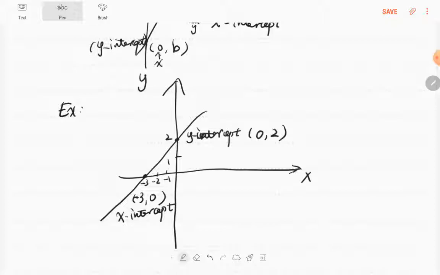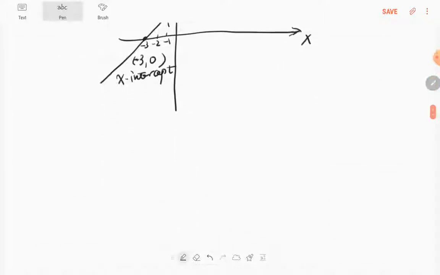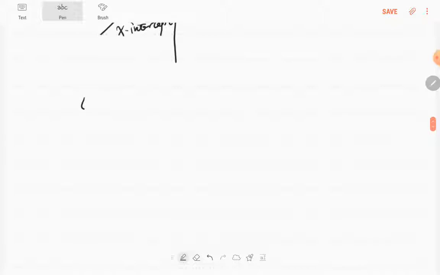Similarly, for the y-intercept, the x value is always equal to 0, and we only need to figure out the y value. So let's check another example.